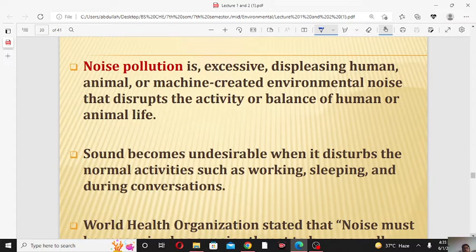Noise pollution is the excessive, displeasing human, animal or machine created environmental noise that disturbs the activity or balance of human or animal life.